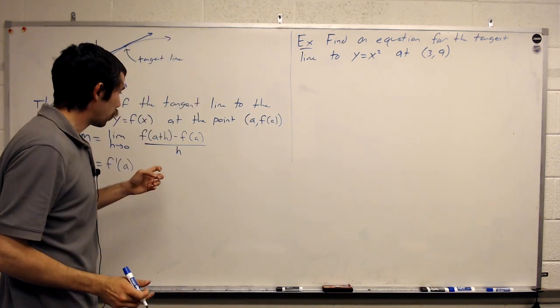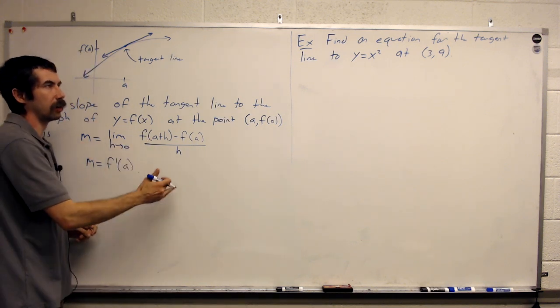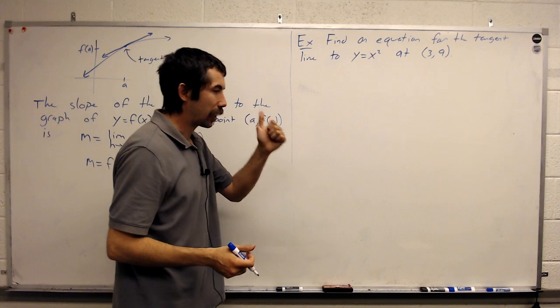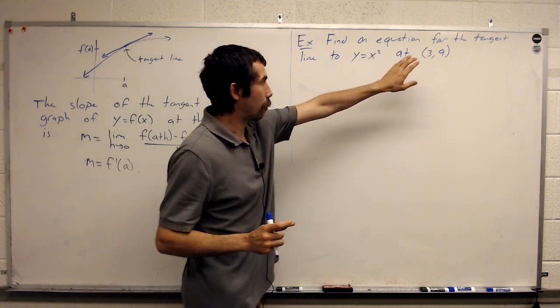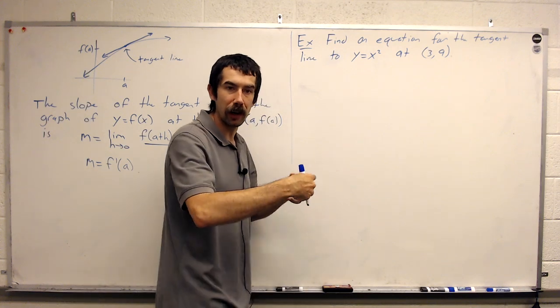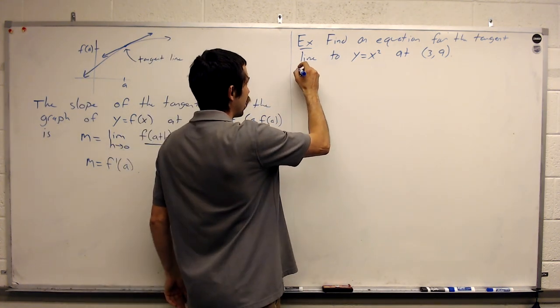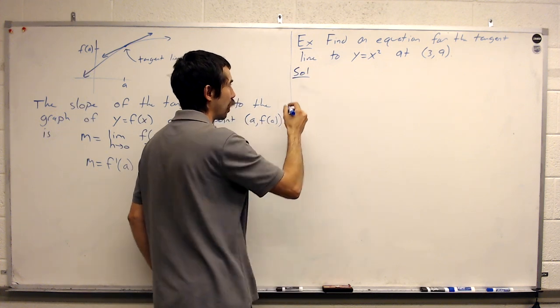Okay, and so we know the slope of the tangent line is given by the derivative. So we could get the slope with the derivative, and then we're given a point. So if we have a point and we have a slope, we'll just put our answer in point-slope form at the end. All right, so we need f prime of x.